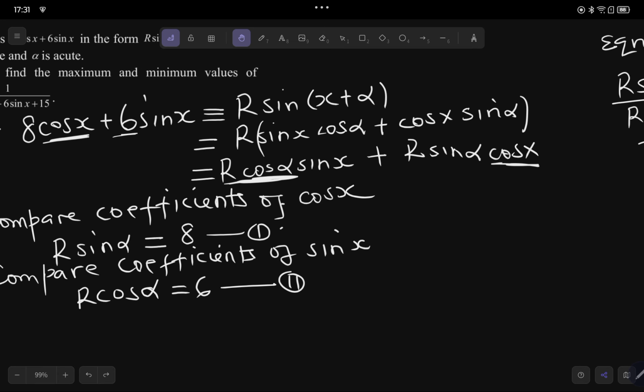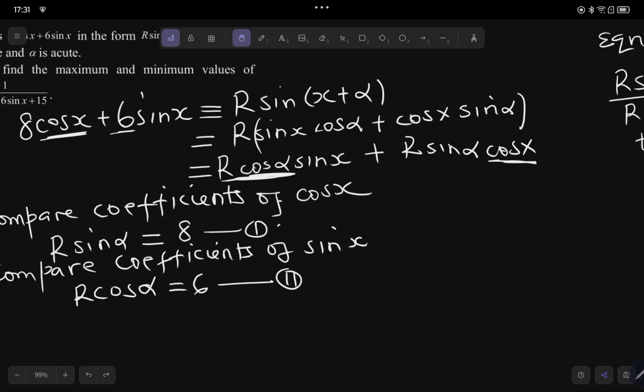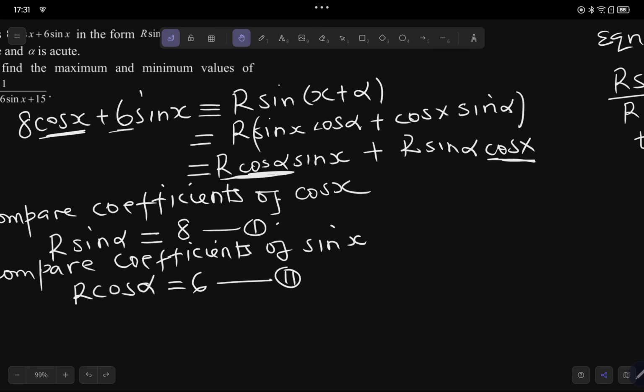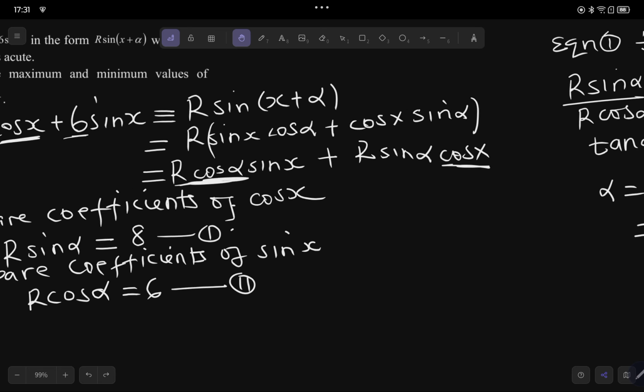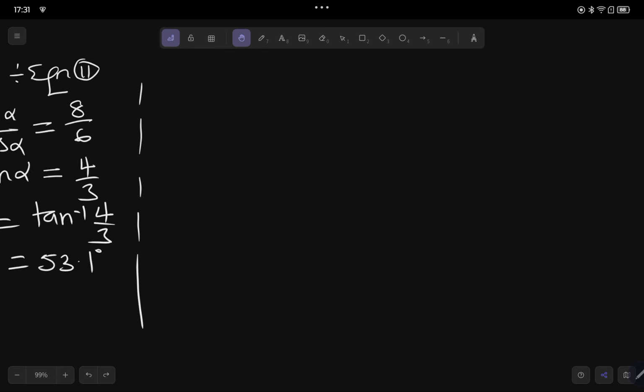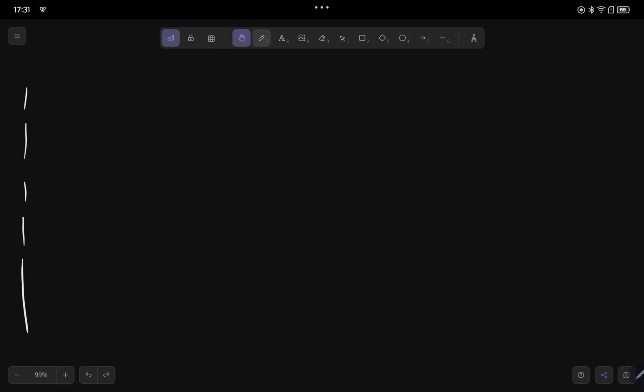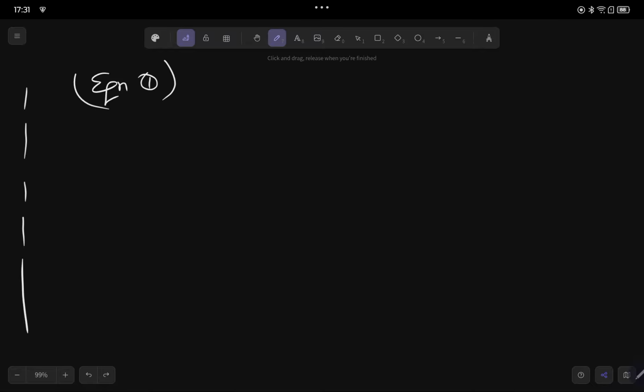So I prefer that we actually go back, square those two equations and add them. So square equation 1 and add there the square of equation 2.